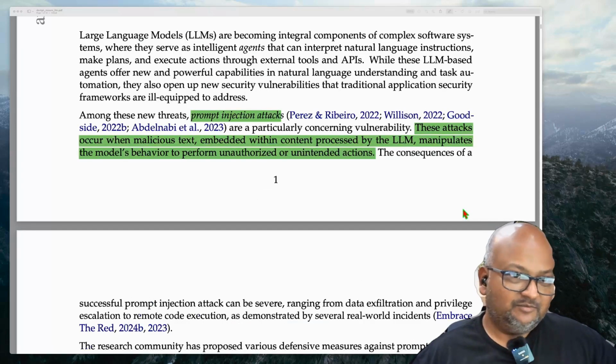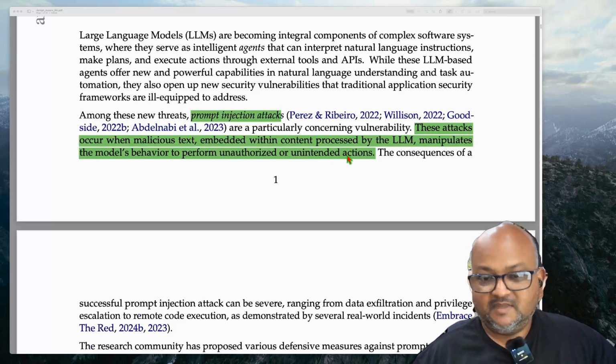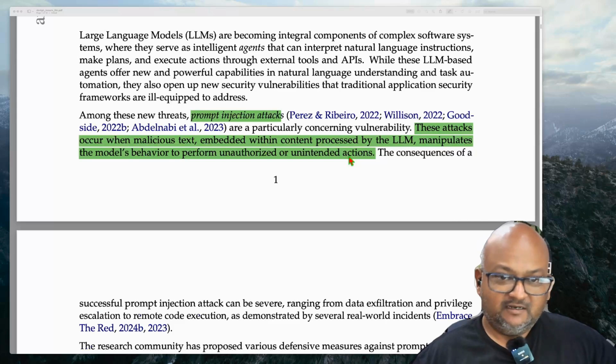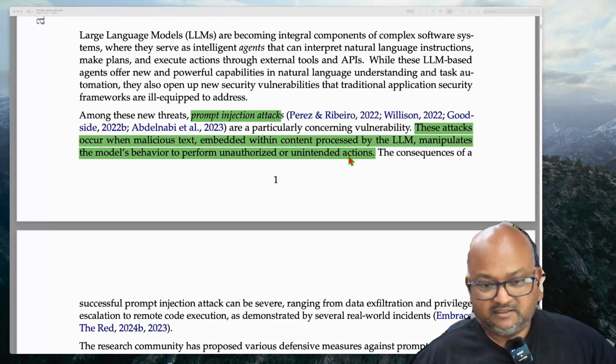I'm going to assume that you already know what prompt injection attacks are, but very briefly, a prompt injection attack happens when some kind of malicious text makes its way into the context window of the LLM. And this can happen in many different ways. It could be direct user input, but more surreptitiously, it could come from one of the many sources of data that the application itself reads.